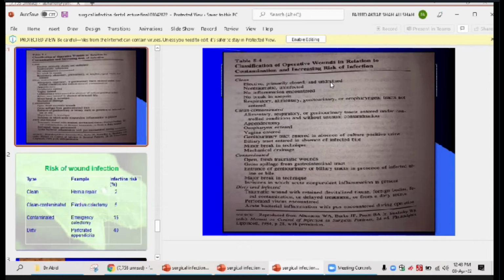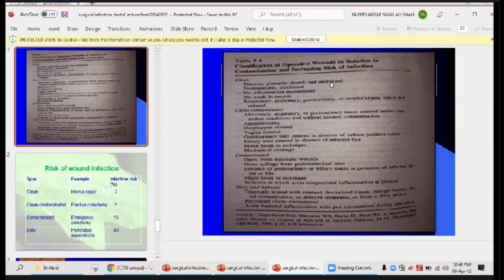So in a clean contaminated surgery, we give prophylactic antibiotic. So we are giving prophylactic antibiotic only to those patients whom we know that we are going to enter the lumen.